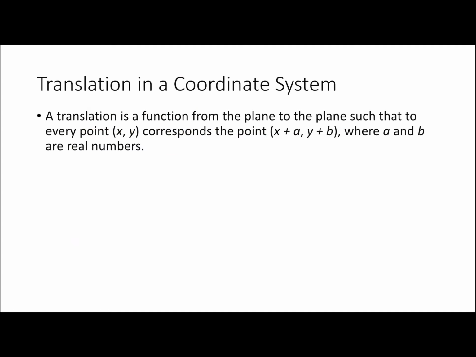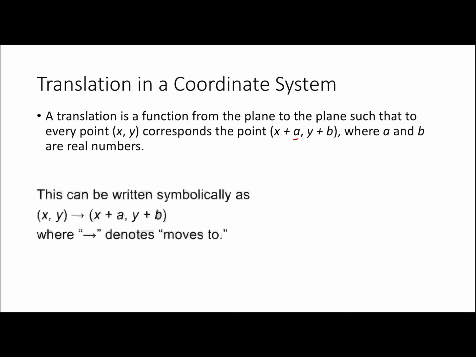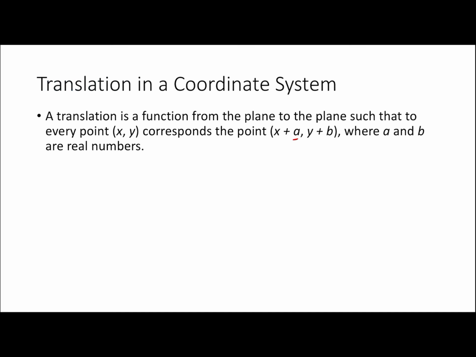So if we want to take a translation in the plane and we want to move every point from the original to the new point of the image, we need to figure out how much we're moving right and left and up and down. And then we're going to add or subtract the right and left value, and we're going to add or subtract the up and down value, and that should give us our new point.